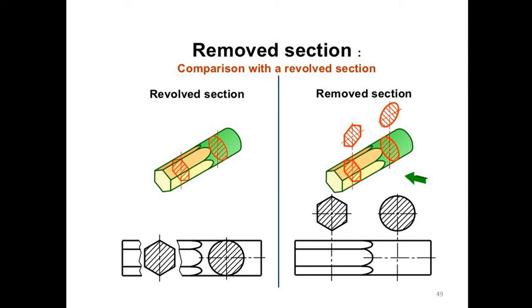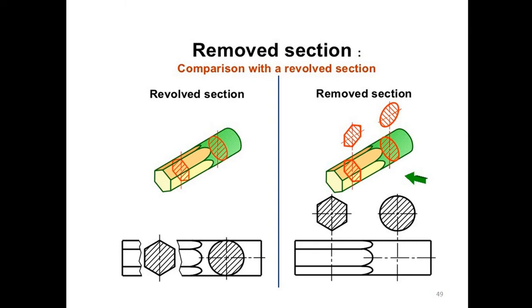But considering figure number 2, the removed section, in the isometric view the removed section is drawn, and the cutting plane is shown in the figure.